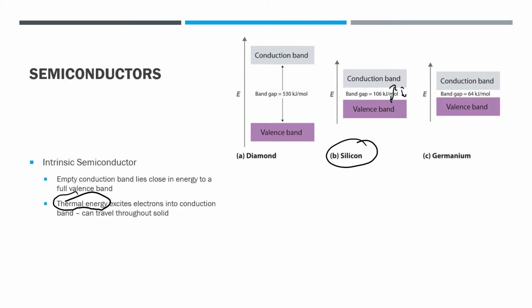So this gives semiconductors an interesting property when compared to regular conductors. The resistance of a semiconductor will actually decrease as the temperature increases. Why? Because as you increase the temperature, more electrons can jump up into the conduction band, and the semiconductor will become more conductive.